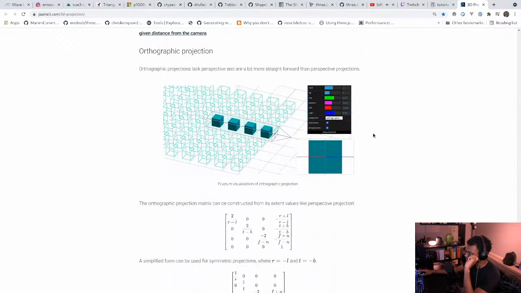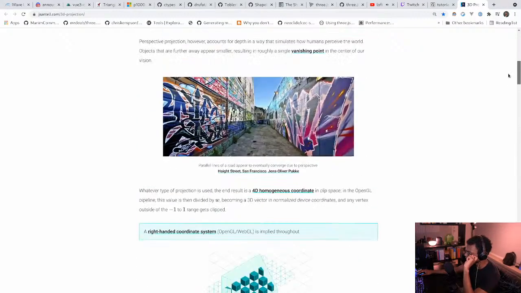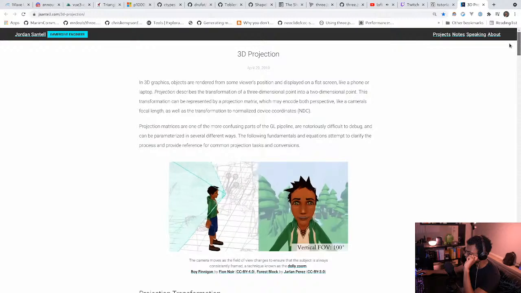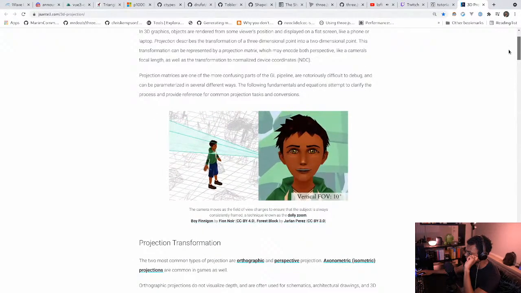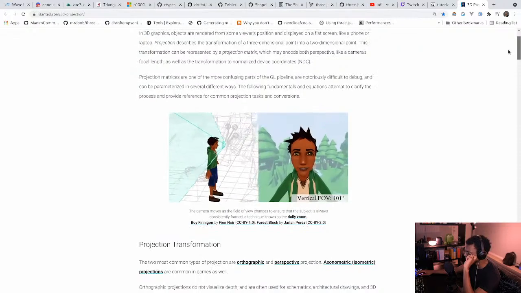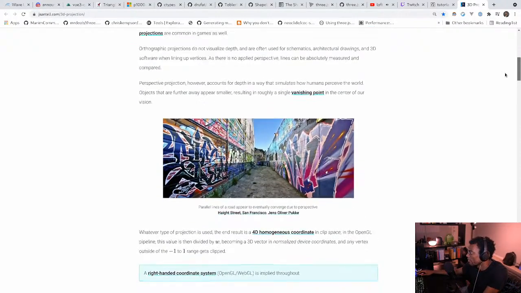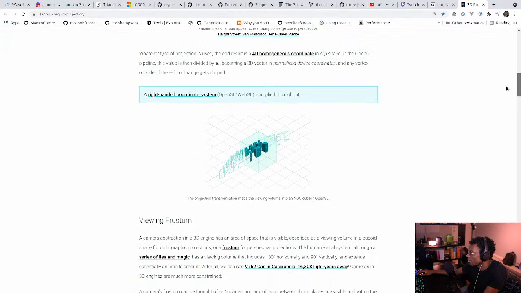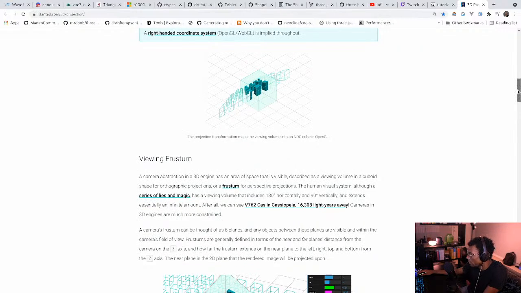Maybe it's worth me going over this a little bit. Probably, honestly, at this point, I'll probably just open up this webpage. It's just so good. This webpage visualizes so much I was describing in a really neat way.